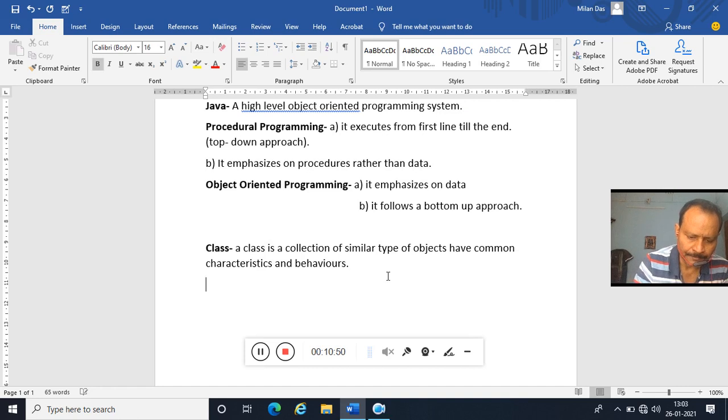Then comes object. So what is an object?